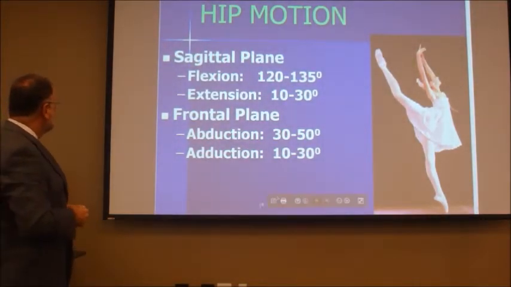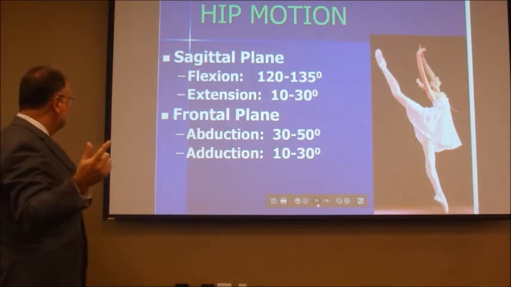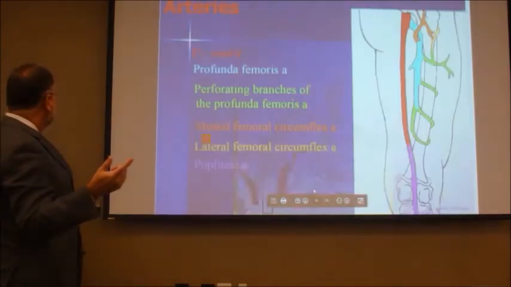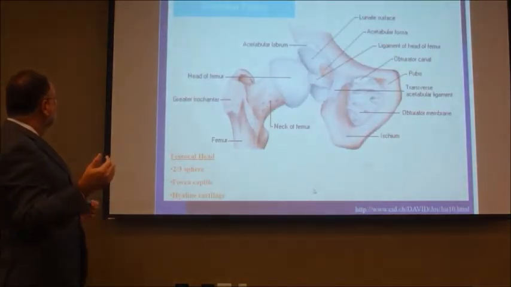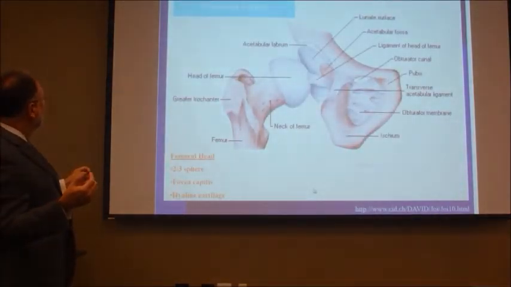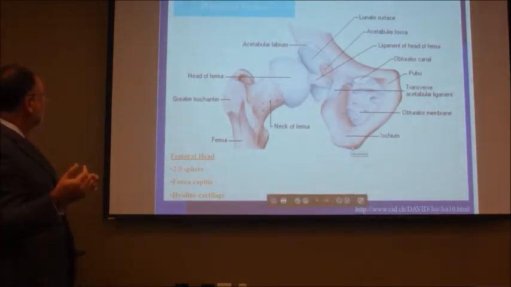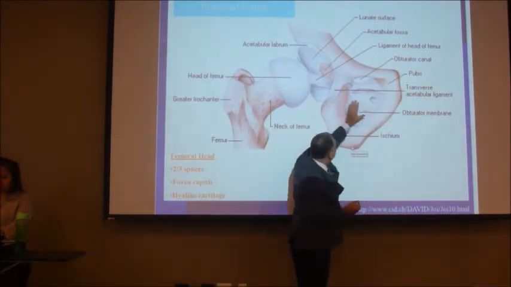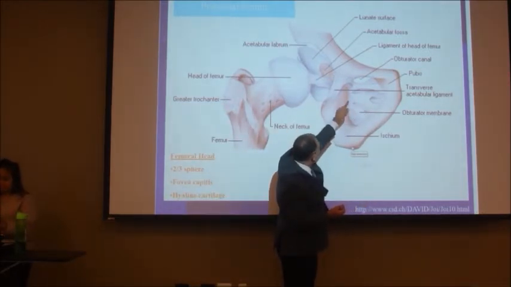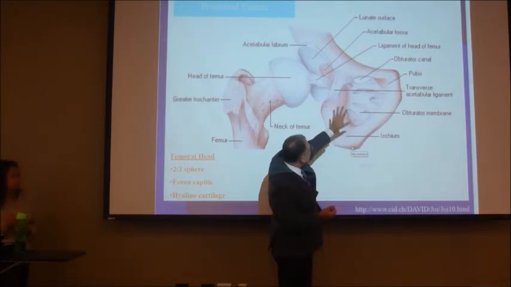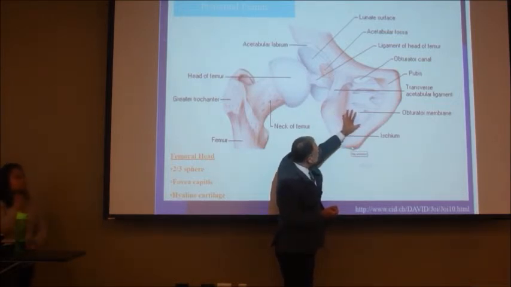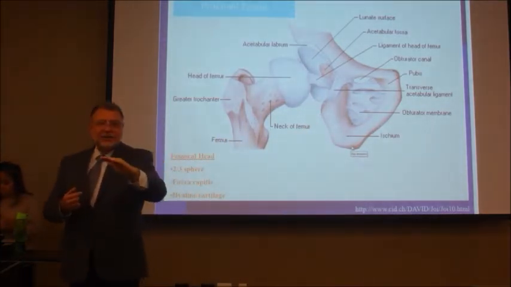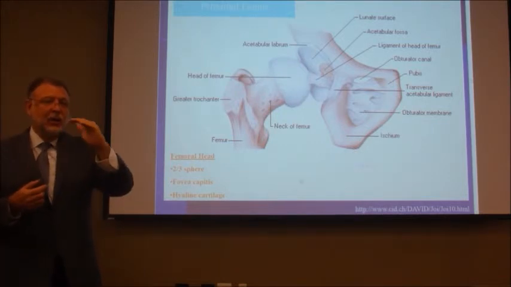Okay. So we're going to move back to the obturator canal. The obturator membrane covers the whole obturator foramen, and on the most superior area of this foramen the obturator canal allows the passage of the obturator neurovascular bundle.